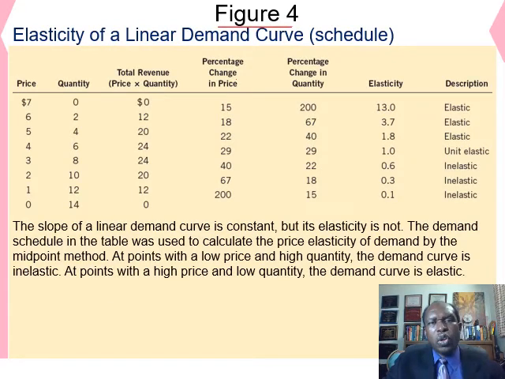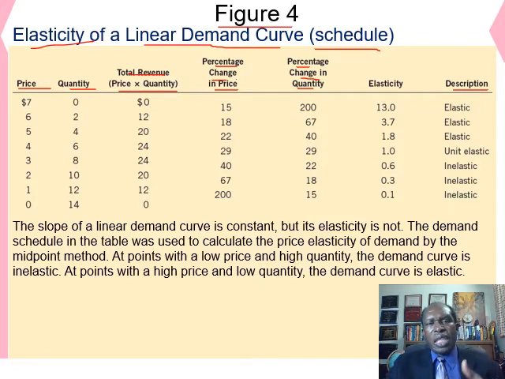Figure number 4 displays the elasticity of the linear demand curve, the demand schedule. So we take the price times the quantity to get the total revenue. We also compute the percentage change in the price and the percentage change in the quantity in order to figure out what type of elasticity we are dealing with.